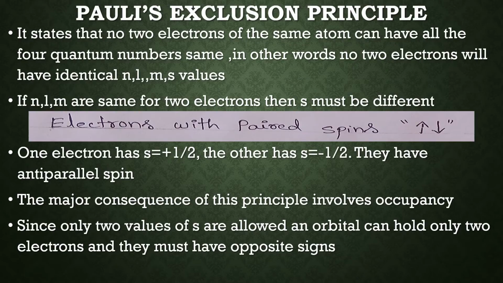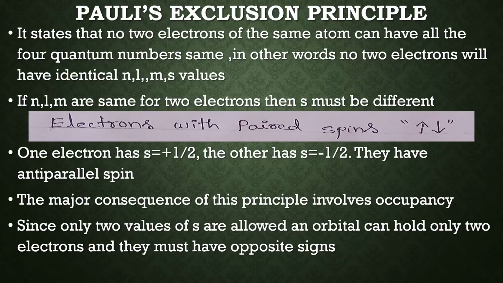First one, Pauli's exclusion principle. It states that no two electrons of the same atom can have all four quantum numbers the same. That means if three quantum numbers n, l, m are the same, s differs.